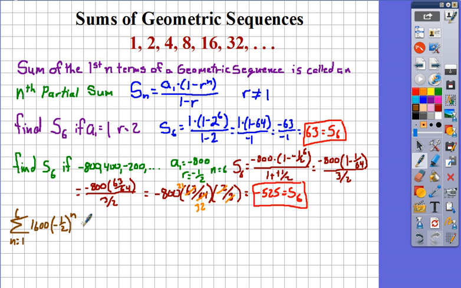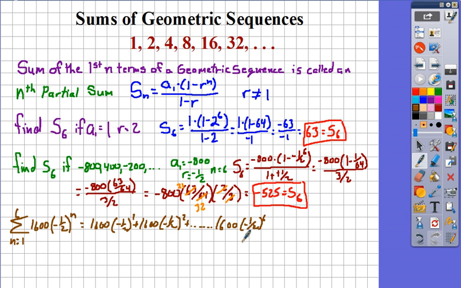Now we could multiply that all the way out and do the summation for it. We'd get 1,600 times negative 1/2 to the first power plus 1,600 times negative 1/2 to the second power plus, and we've got to keep going, 1,600 times negative 1/2 all the way to the 6th power. We'd have to multiply all that out.